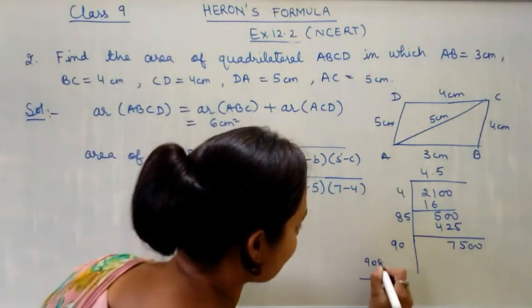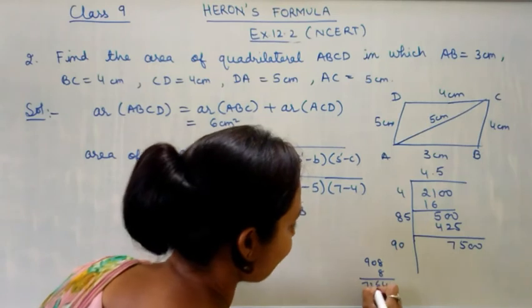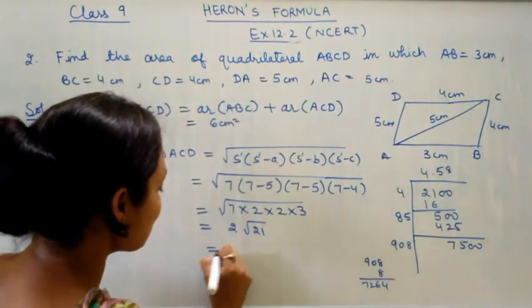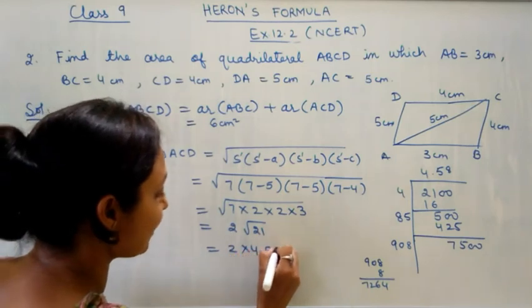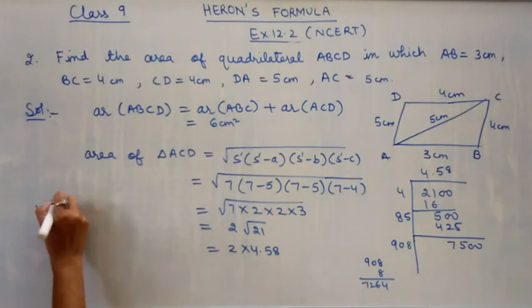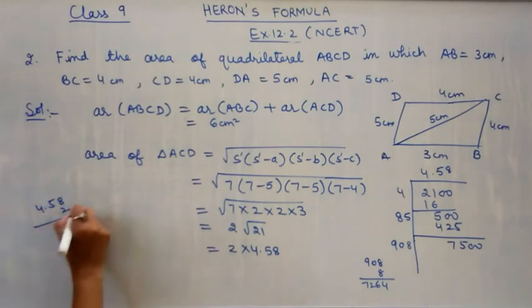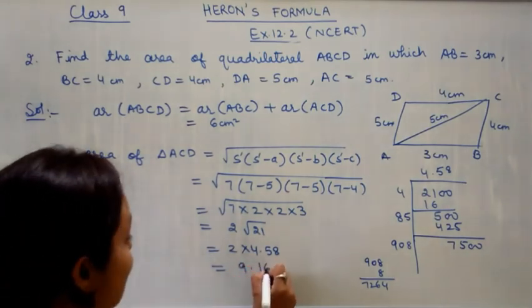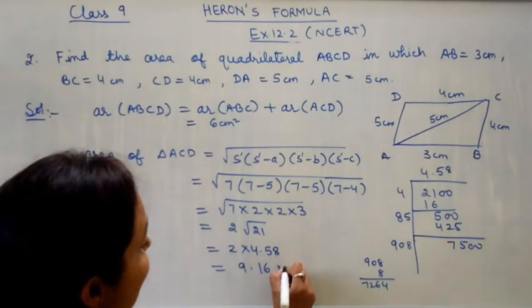I will do it with 8, since 8 8s are 64. So 4.58 into 2. 8 2s are 16. 5 2s are 10 and 1. 4 2s are 8 and 1 is 9. So that is 9.16 centimeter square.